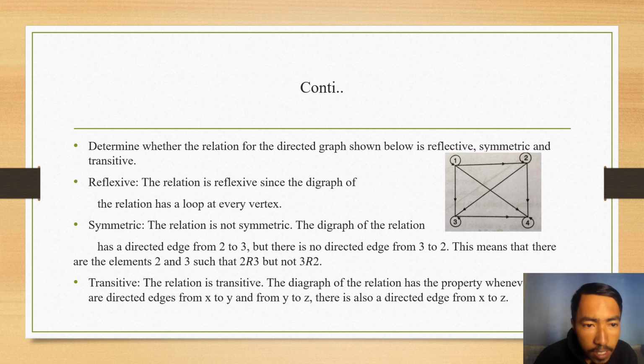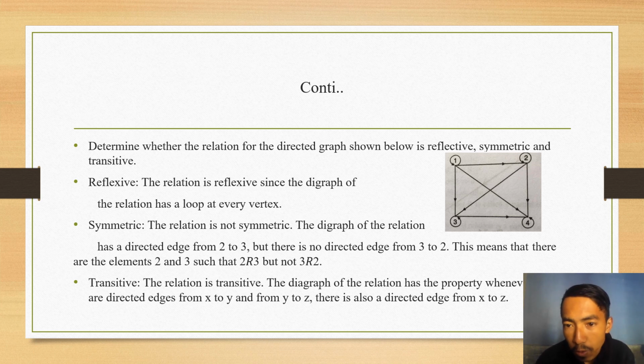Then the next slide is determining whether the relation of the directed graph shown below is reflexive, symmetric and transitive. In the graph, there are 4 vertices: 1, 2, 3 and 4. Vertex 1 has a loop, vertex 2 has a loop, vertex 3 has a loop, and vertex 4 has a loop.